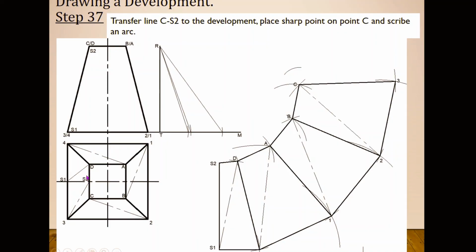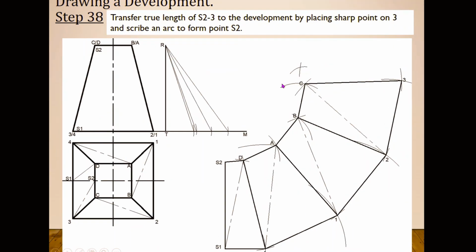Now we're looking for S2. From C to S2, you're going to measure this line using a pair of compass. You're going to place your sharp point there, you place your lead here, then you transfer it here, and then you scribe an arc.